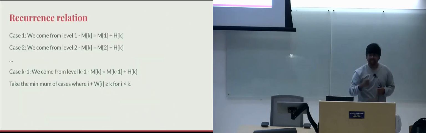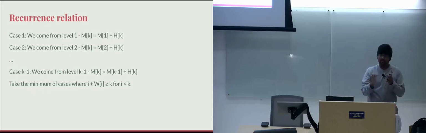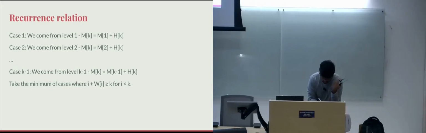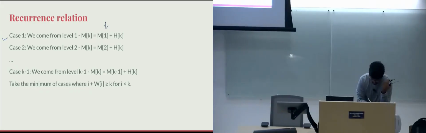As we discussed here, if you are at a particular level, you take the minimum of all the levels that you can reach from there. Okay. So case 1 can be you check for level 1. Case 2 is you check for level 2. If you check for level 1, it is nothing but m of 1.